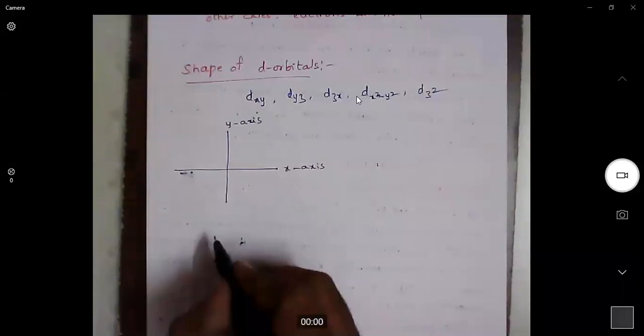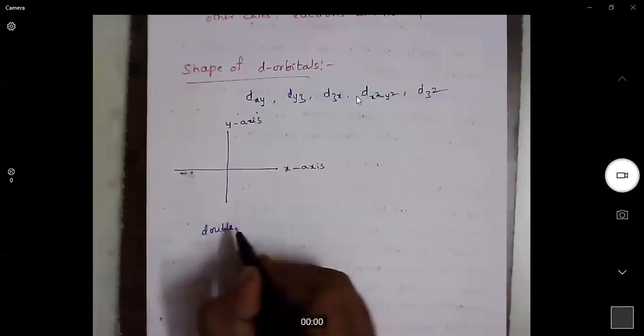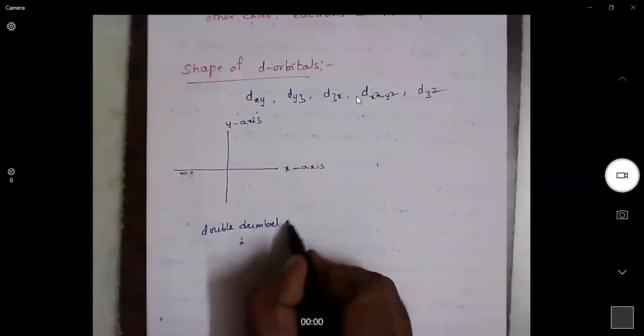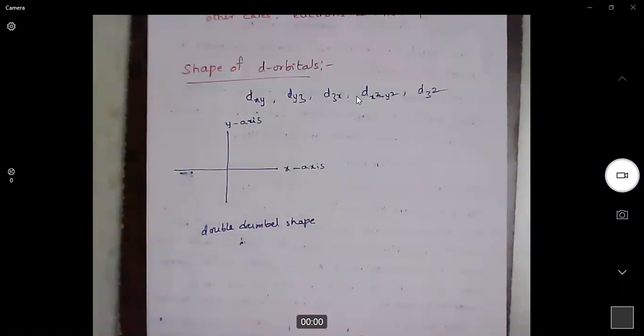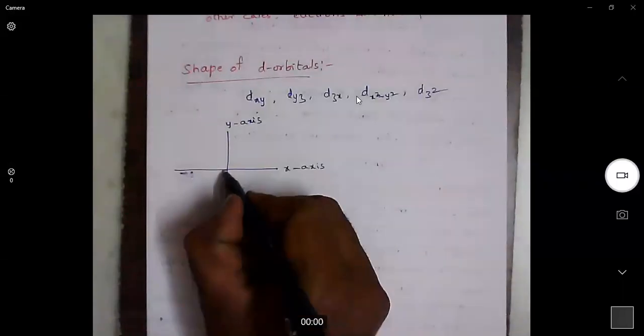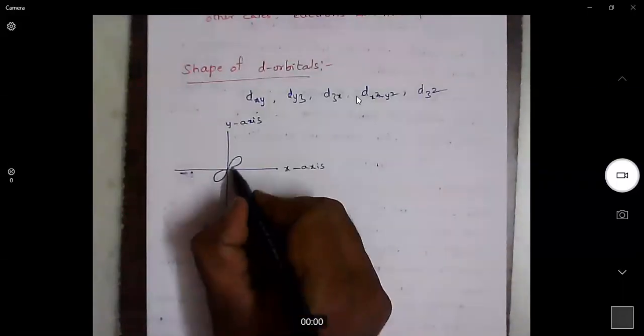Of course, d orbitals have a double dumbbell shape. The dxy orbital is distributed between the x and y axis.